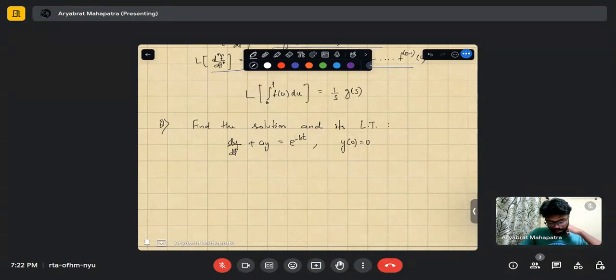This is certainly a linear differential equation, and we used to apply the idea which we were doing earlier. Instead, let us see how Laplace transform can help us solve this differential equation. First you have to take the Laplace transform of this differential equation.